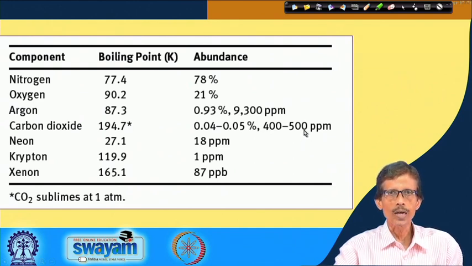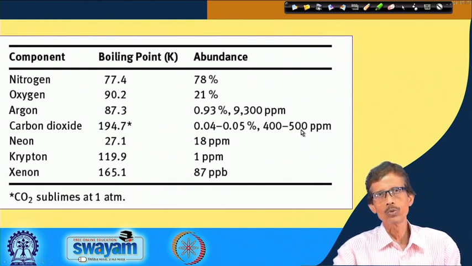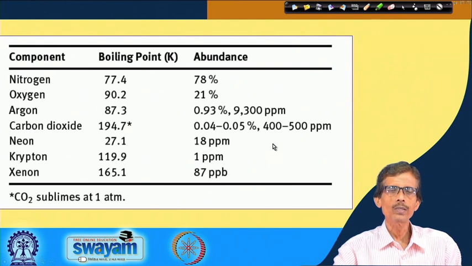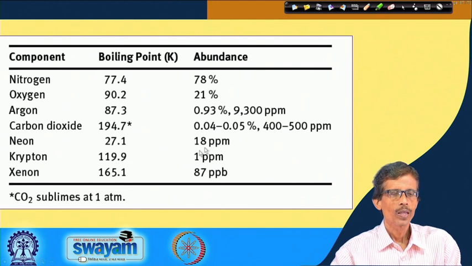Whatever carbon dioxide we have, due to global warming and the environmental aspects we always consider, our concern is more for the amount of carbon dioxide in air, but these are all at the 400 to 500 ppm level.